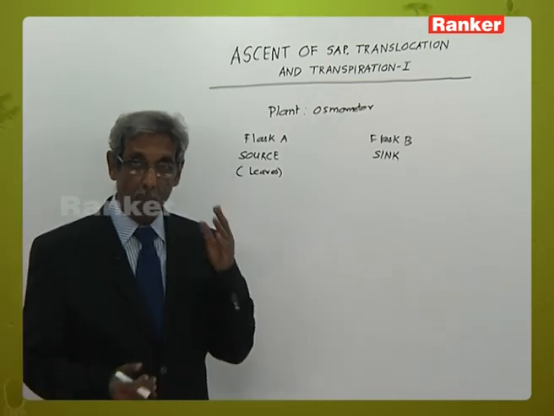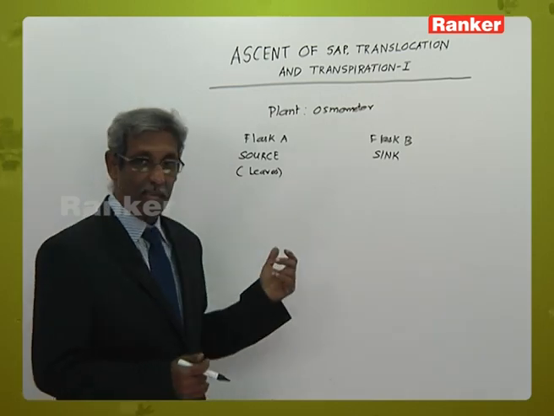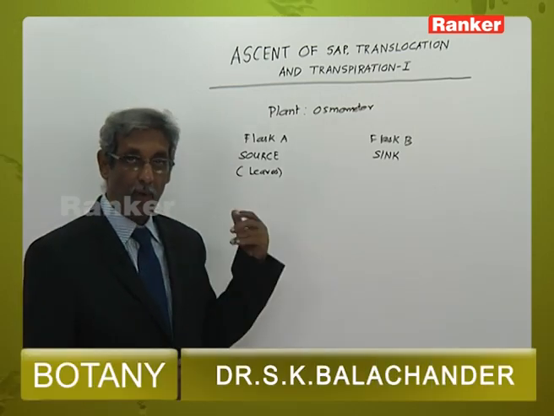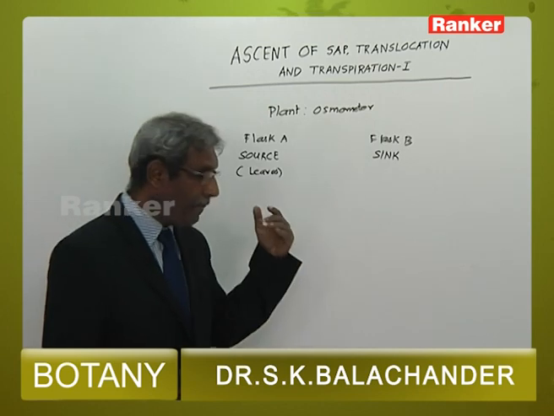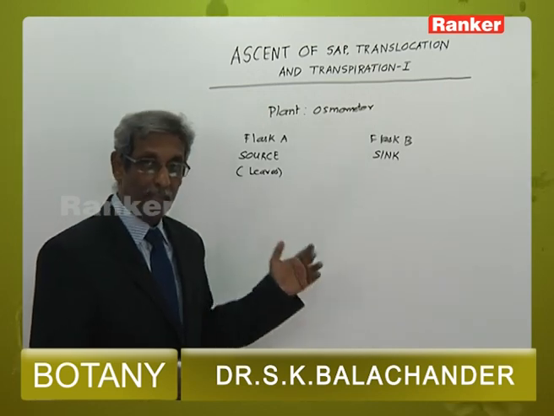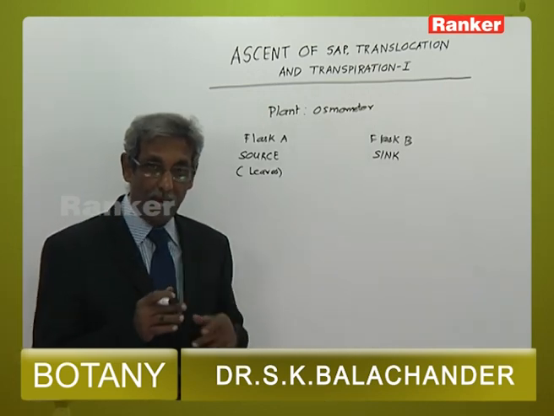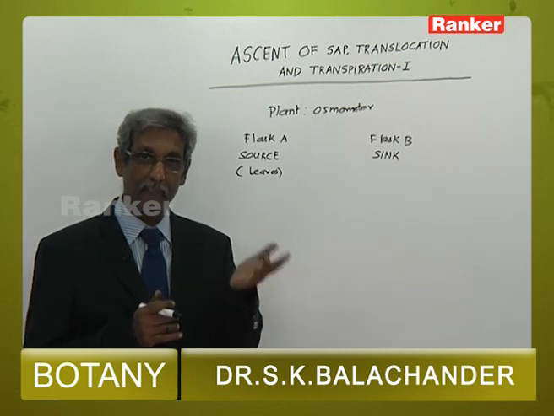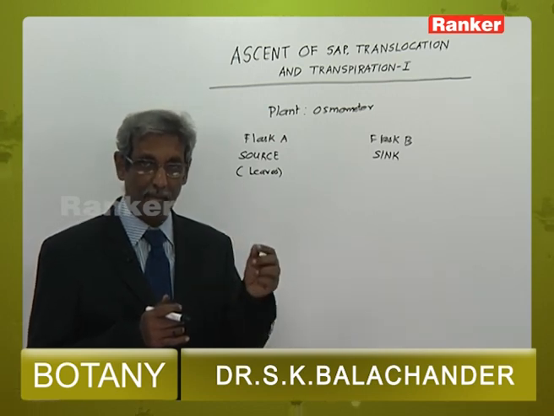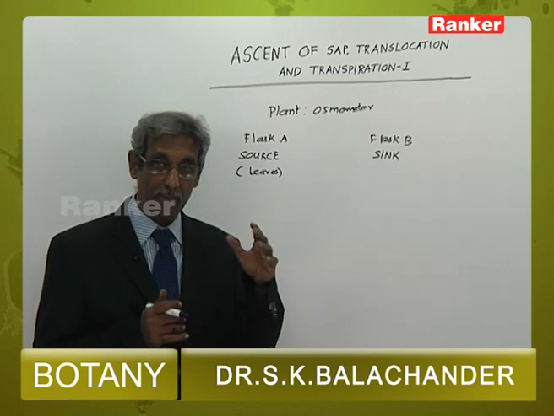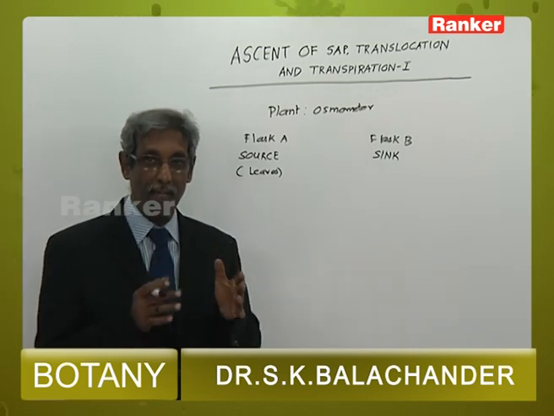So here we have water movement into flask A, by means of osmosis, from the water column outside into the dialysis tubing. The dialysis tubing has got sucrose and dye. So water moves inwards from the outer shell into the dialysis tube.